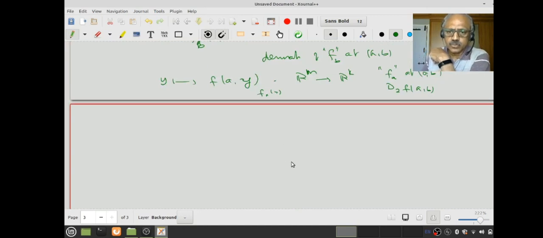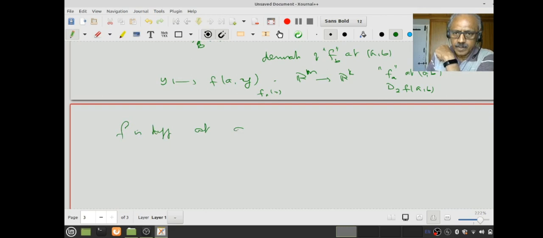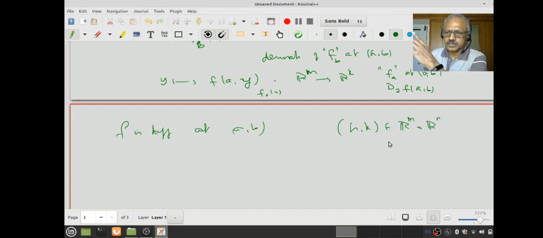Now, what does one know? If f is differentiable at (a, b), then if you give me a vector (h, k) in R^m cross R^n, because any vector I can split into the first m coordinates and the second n coordinates.